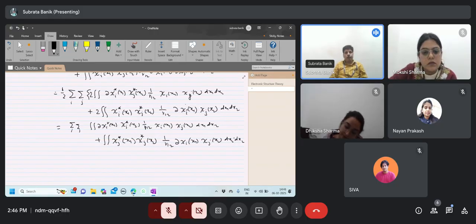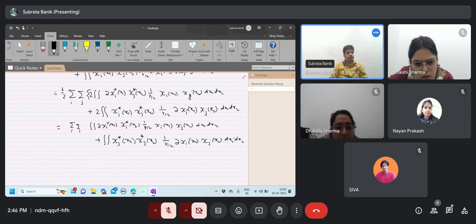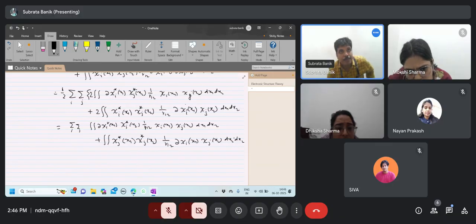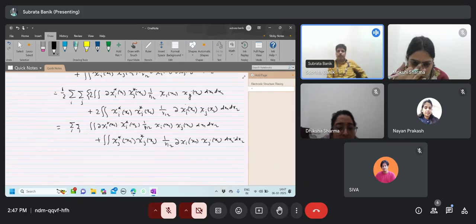Now, can you tell me the relation between these two terms? The last equation. What is the relation between the last two terms? They are complex conjugate.